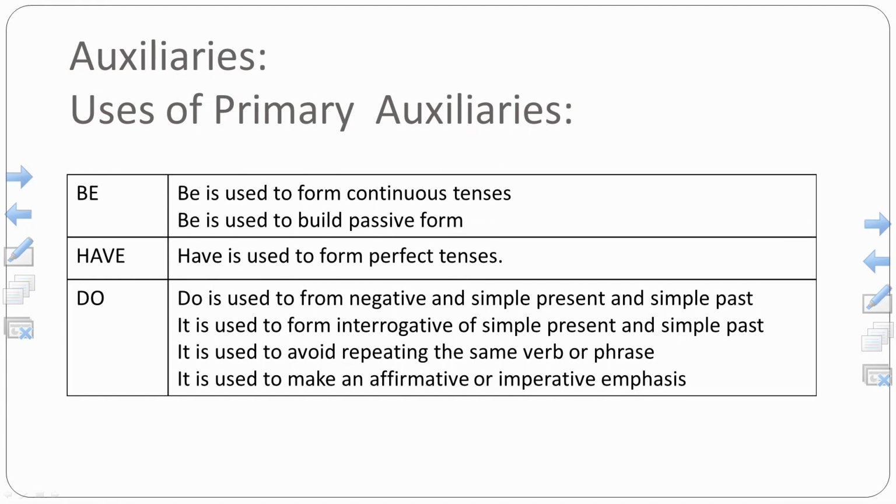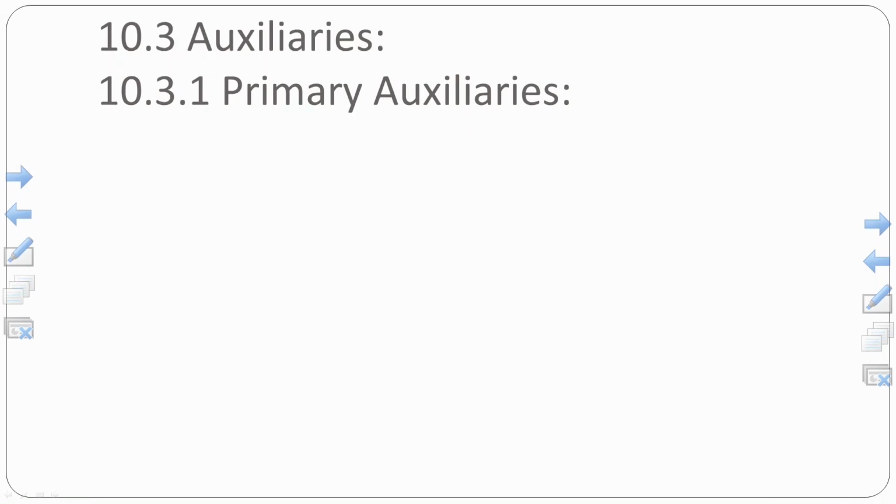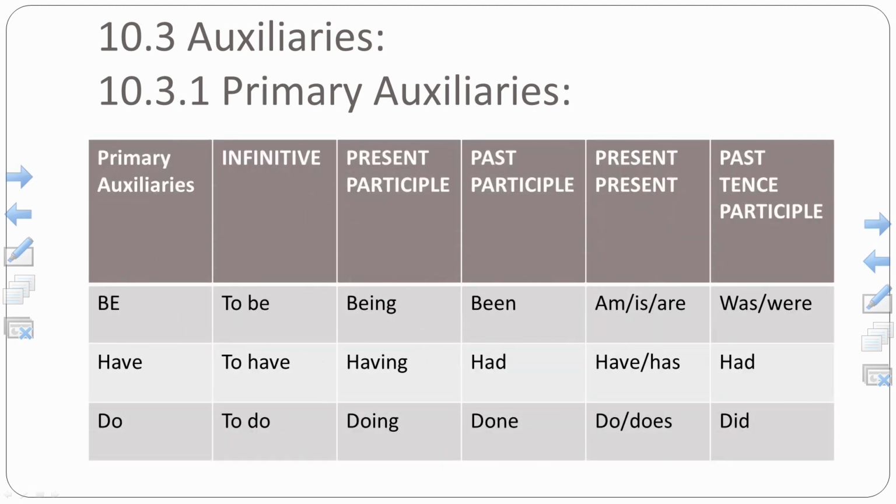We have seen this while studying the tenses, like past tense, present tense and future tense. In all the three tenses, when we make any sentence, we use these three primary auxiliaries. Now the first point is primary auxiliaries. Now let's look at the table. Be: in the infinitive we use to be. The present participle is being. The past participle is been.